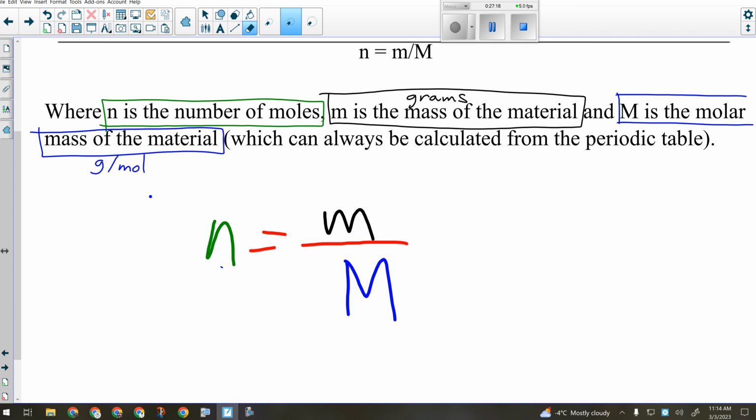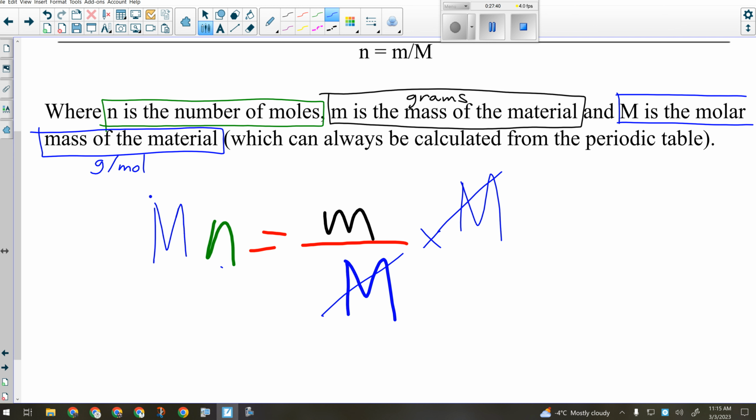Right now I'm dividing by big M, so if I want to move it, I would multiply both sides by it. So that means I would go times big M. Now there's a big M on the top and a big M on the bottom. Second rule of algebra: what you do to one side, you do to the other. Well, now big M is over on the other side, and I'm done.